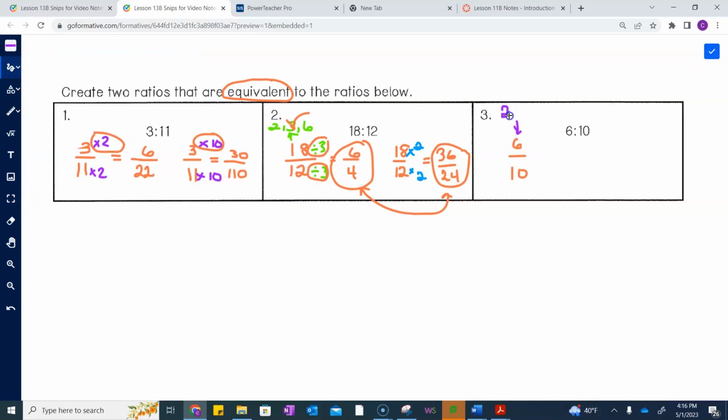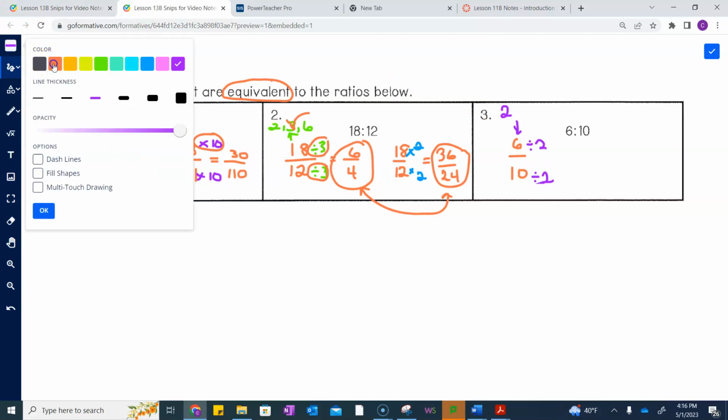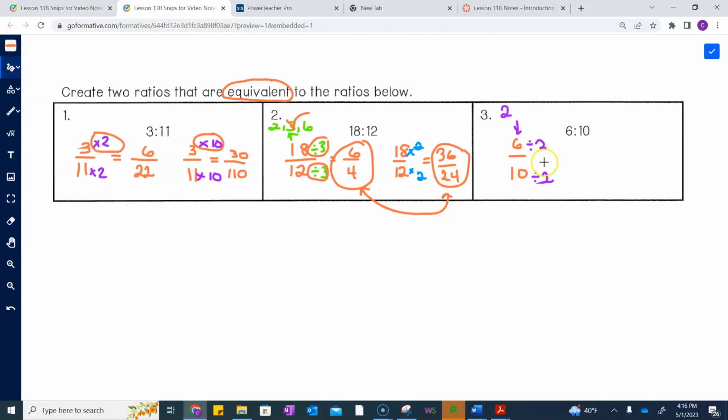It has a common factor of 2. So I'm going to first opt to scale it down for my equivalent fraction. Putting it in simplest form is what's going to happen here, because 2 is the greatest common factor of 6 and 10. And we get 3/5.